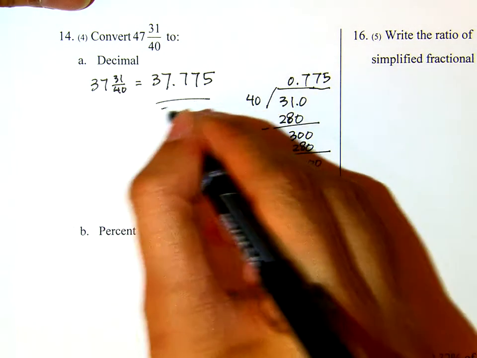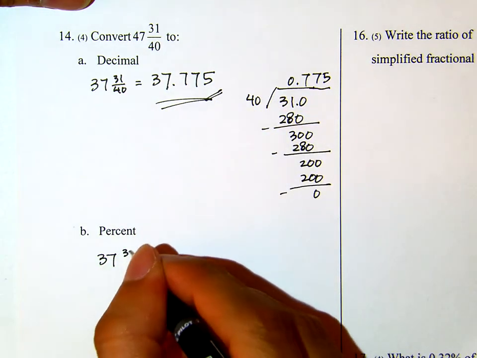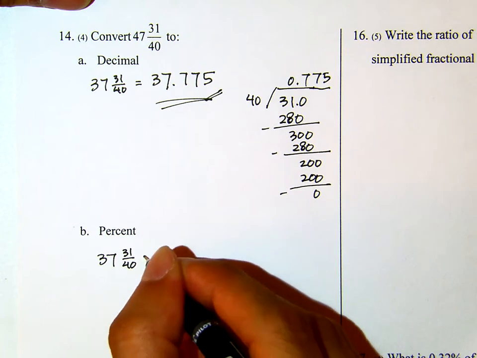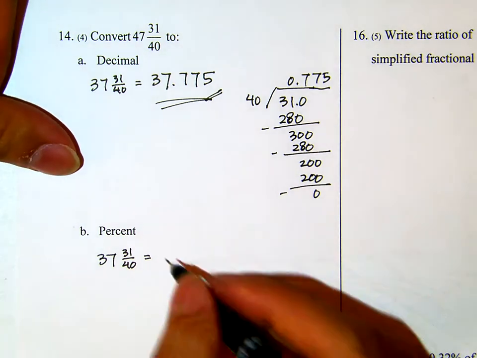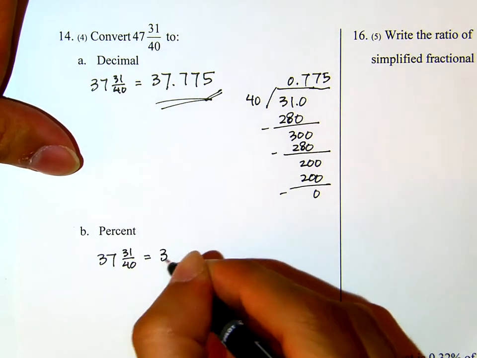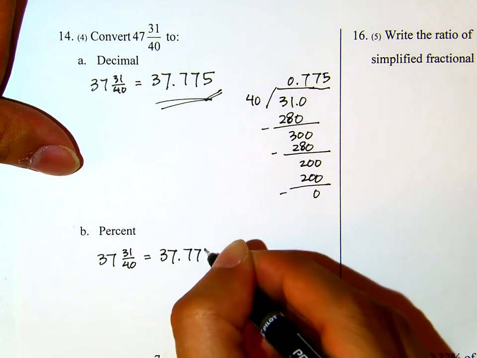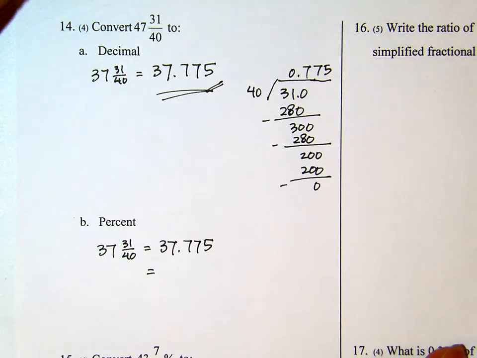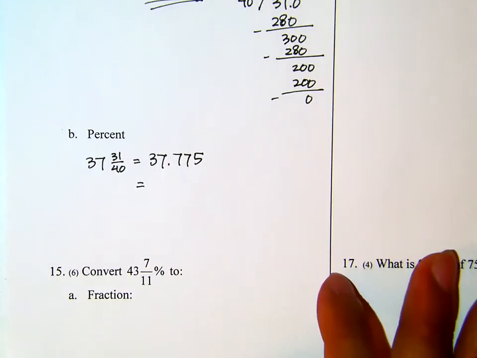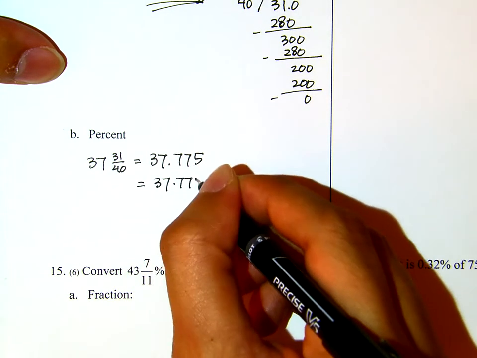Okay, now then how to convert this 37 31/40 to percent? Of course you can multiply these mixed numbers by 100%, but instead of doing so, let's do it this way. I will use the one I have from part A, the decimal, and then once it is in decimal, I will convert this to percent, which is then multiplying by 100%.